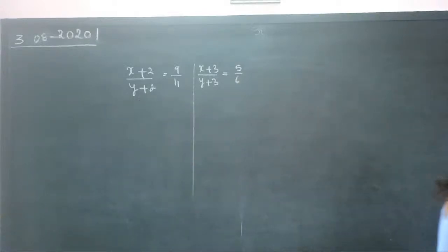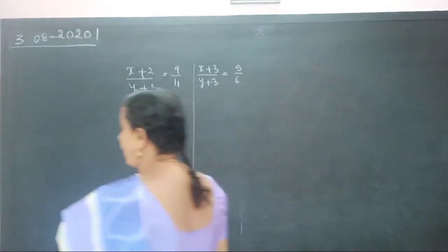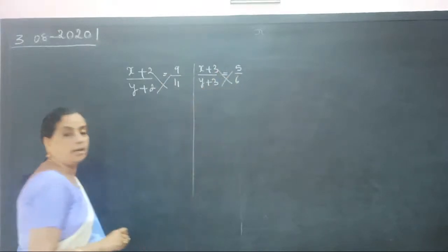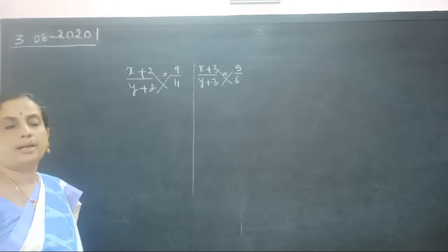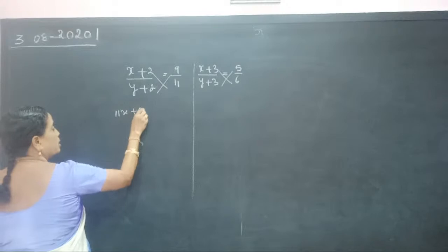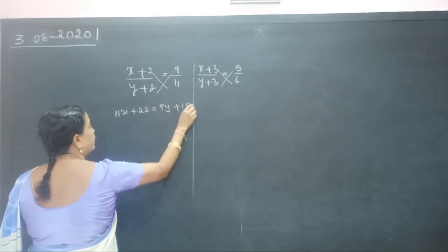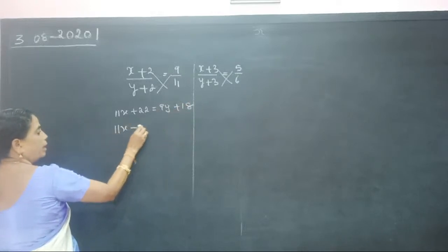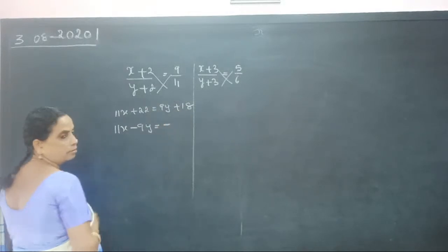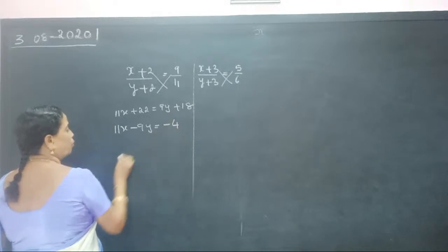Okay. So, using the conditions, doing cross multiplication, you can get two equations. Later solving x and y gives the numerator and denominator of the fraction. You will get 11x plus 22 equals 9y plus 18. 11x minus 9y equals 18 minus 22, what will you get? 4.